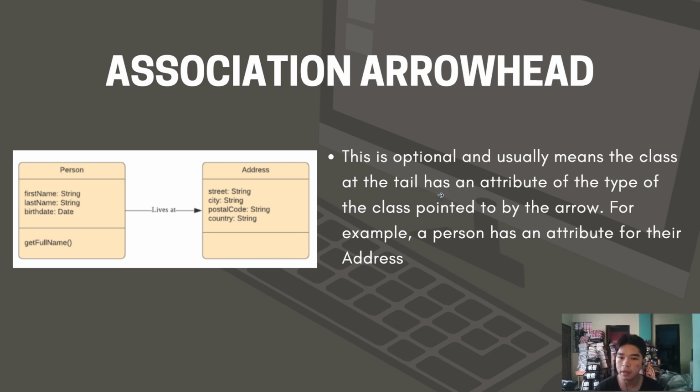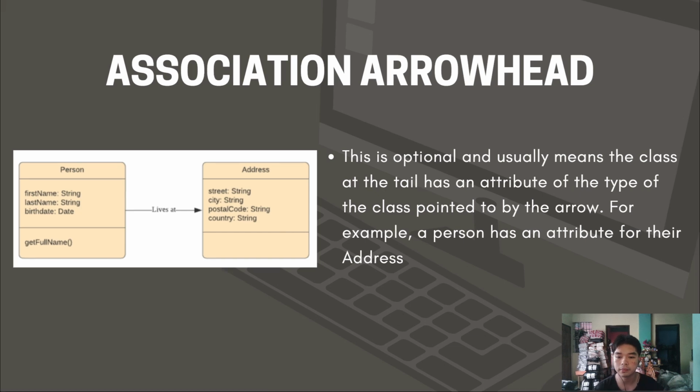We also have the association arrowhead. This is optional and usually means the class at the tail has an attribute of the type of the class pointed to by the arrow. For example, a person has an attribute for their address. So it is the same as the association before.